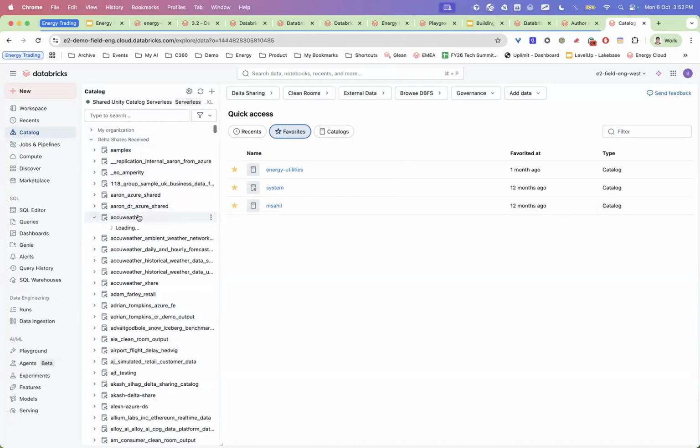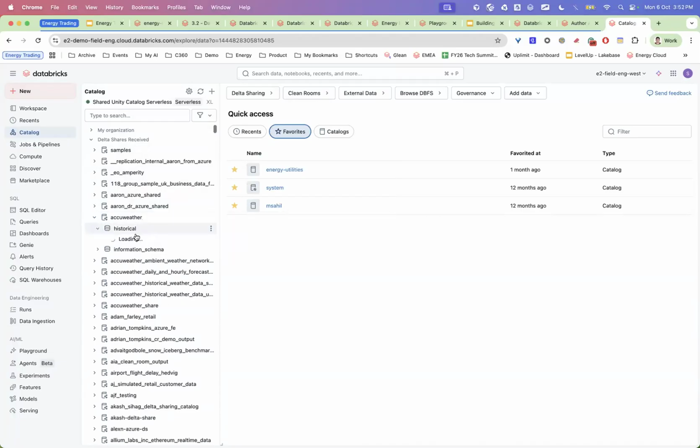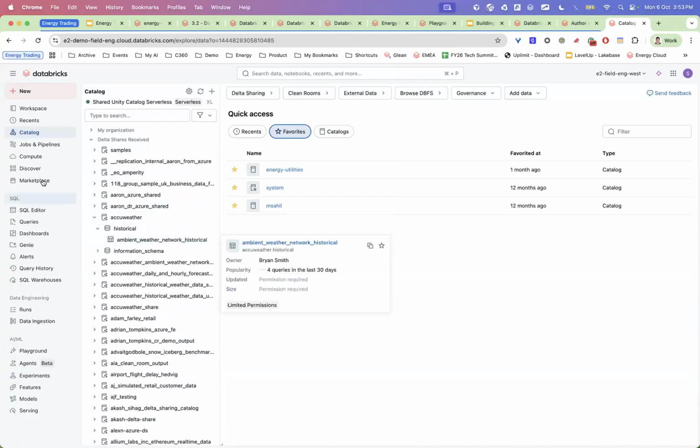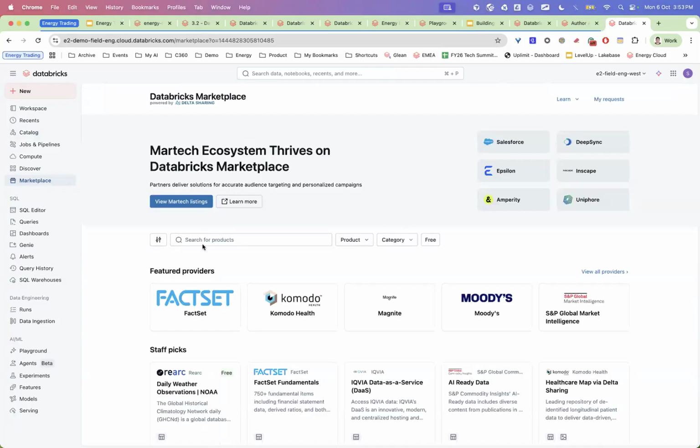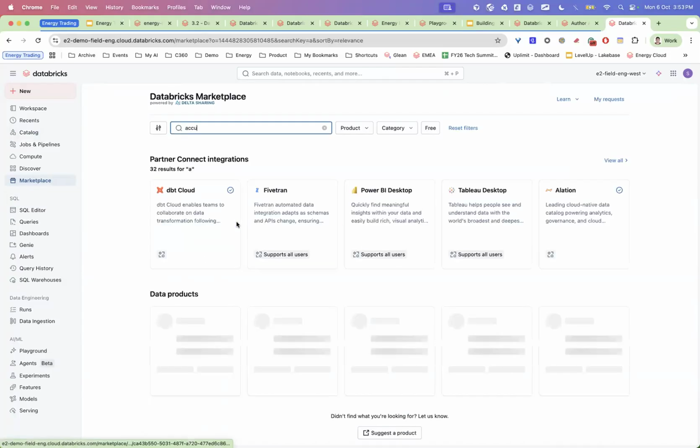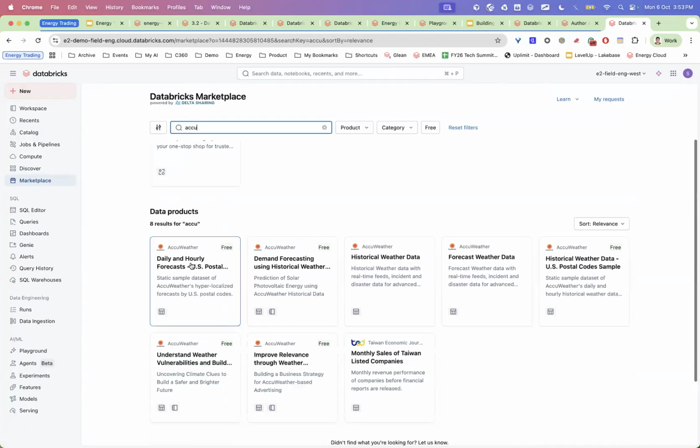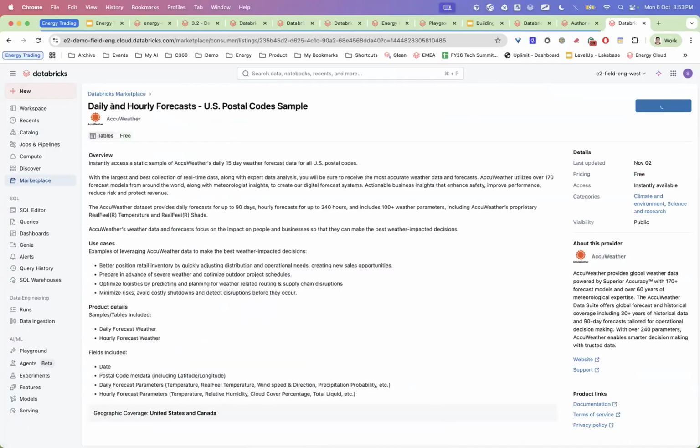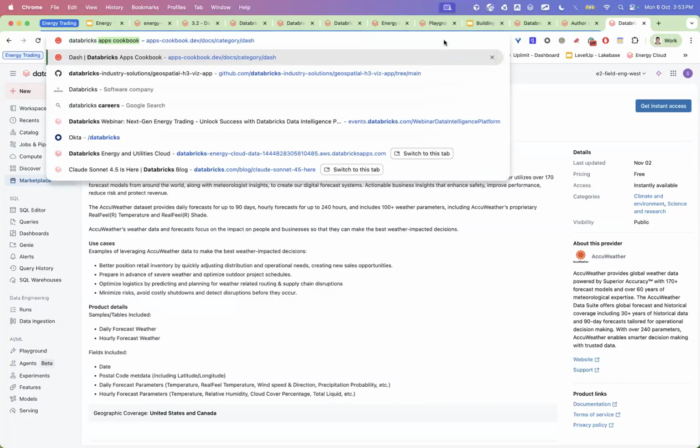Another example I can tell, AccuWeather provides you historical weather data. They're also a Databricks customer. So similar thing, this is AccuWeather data, daily and hourly forecast. We have partnerships with a lot of other customers. I think the recent one we announced was London Stock Exchange. And maybe to add to the S&P data, right?